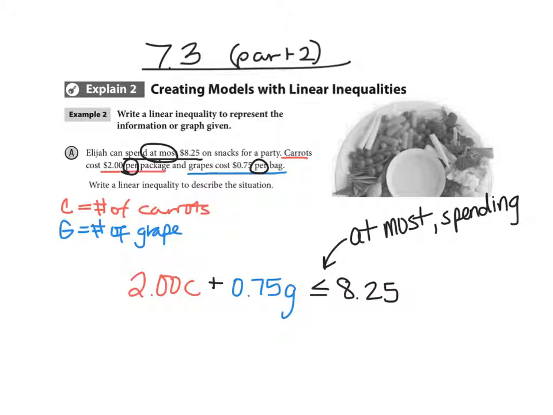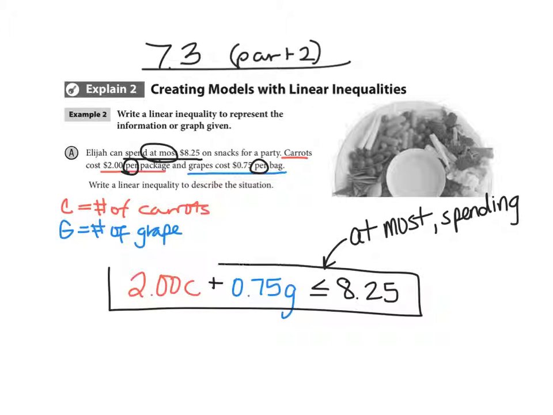He can't spend more than $8.25 because he doesn't even have more than $8.25. So this is my inequality, and that's all I have to write for this type of problem. The biggest things you need to have noted are your symbol and that it means at most. Anytime you're spending something, you have to spend less than whatever your budget is.